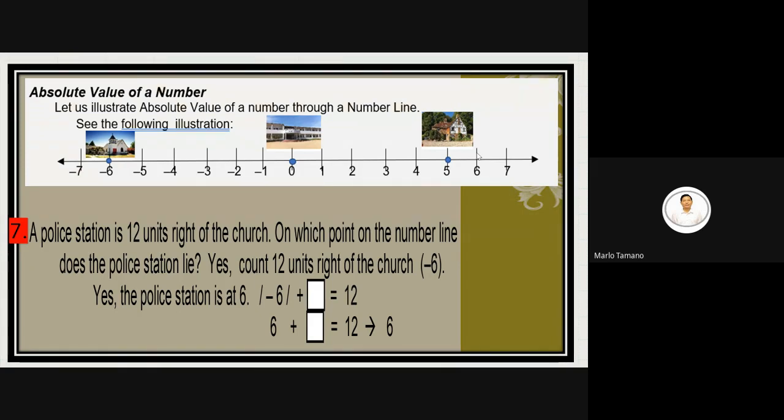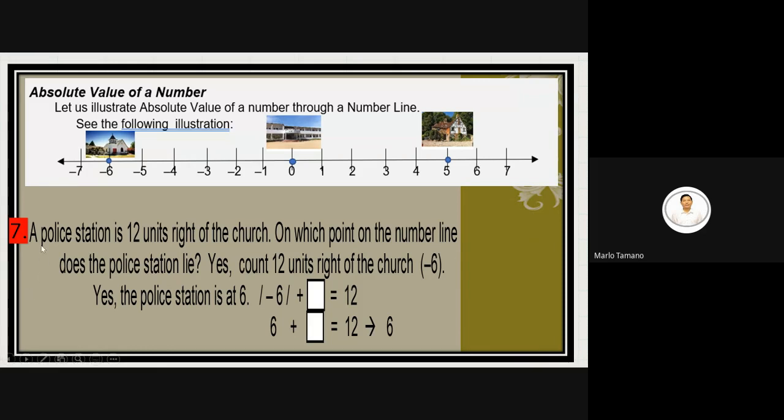From -6, the police station is found at +6. Do you understand? So the absolute value of -6 plus, what should be written here? What do we write here? +6. This is the 6 here. Okay.